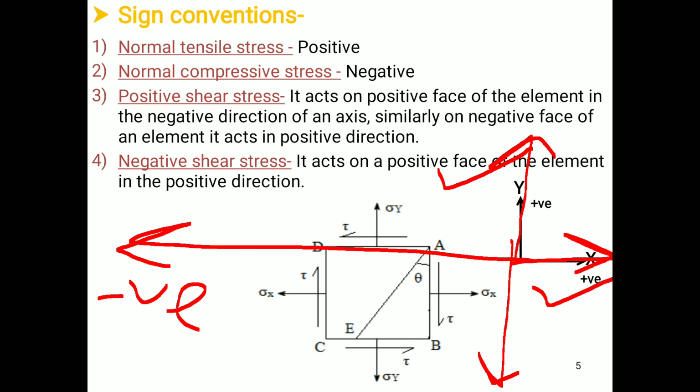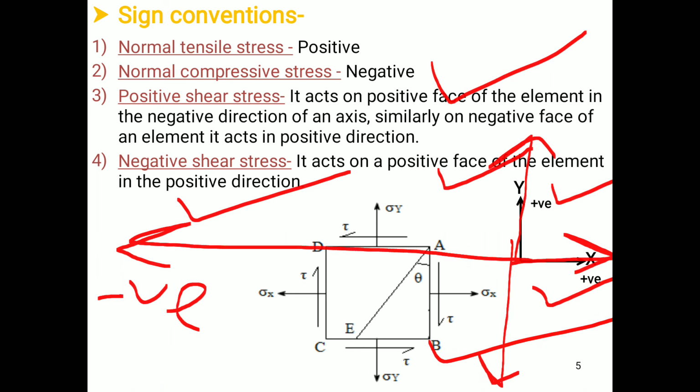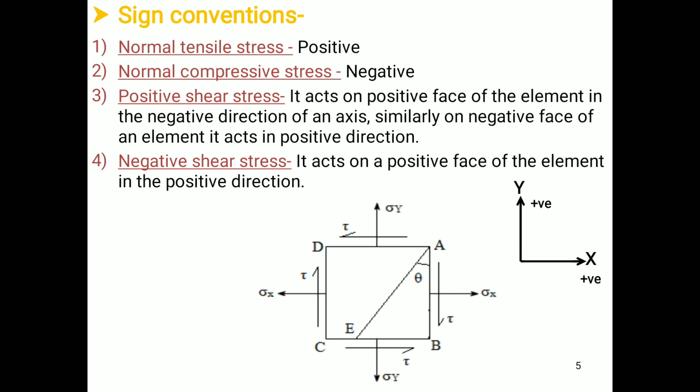If I consider the face along this direction, then it will be the positive face. If I consider the face along the negative x direction, it will be the negative face. Along this direction it will be positive, and along this direction it will be the negative face. In this manner you have to consider positive and negative faces along x and y direction.